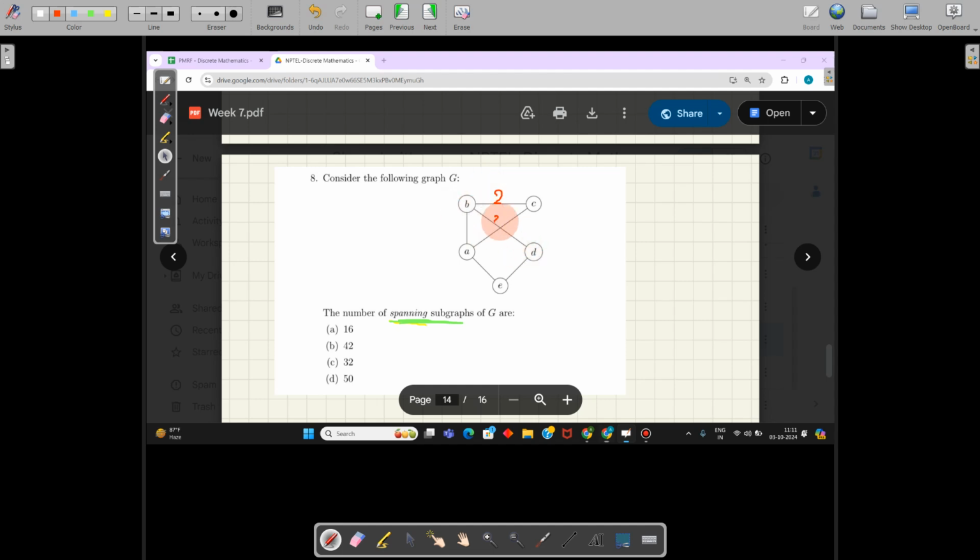This edge also has two options, and so on for edges 1, 2, 3, 4, 5, 6. The answer is 2 power 6.